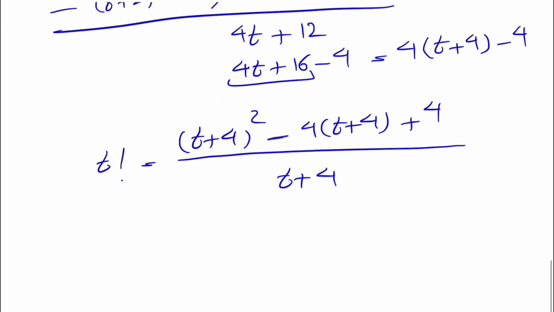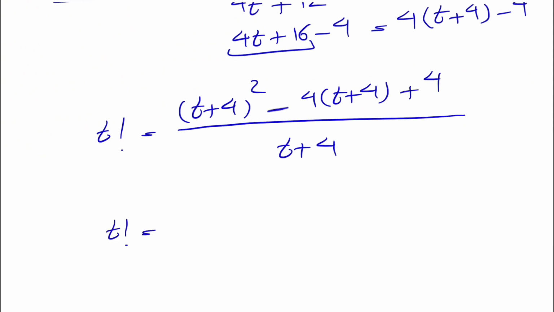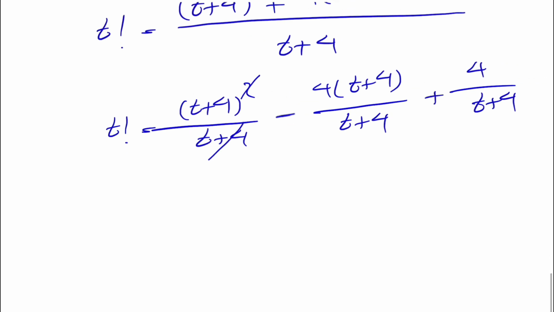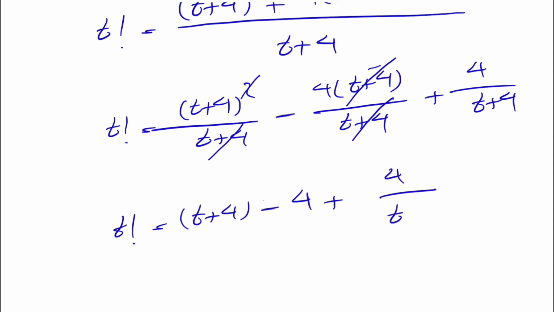Now this can be written easier, so we basically have t plus 4 squared divided by t plus 4, minus 4 times t plus 4 over t plus 4, plus 4 over t plus 4. So we can cancel these in here. Our t factorial will be t plus 4 minus 4 plus 4 over t plus 4.